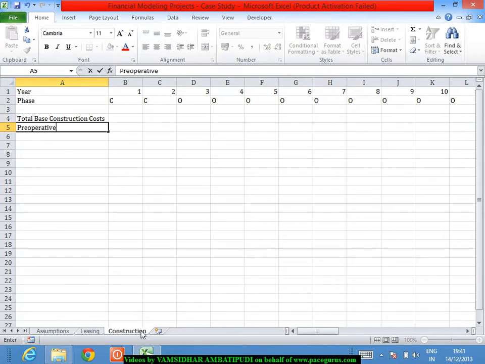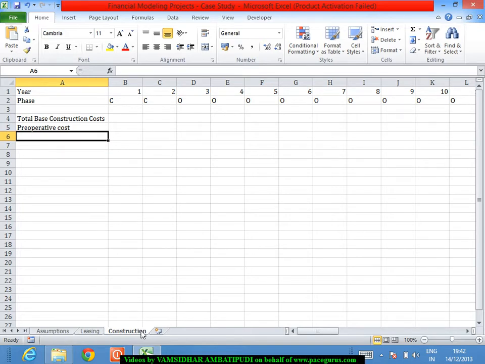pre-operative costs. It's basically like during the construction period, we incur a lot of operating expenses. Like in these first 2 years of the construction period, we might have incurred costs on employees, on office space before our operations really commence, because in this case the operations commence only from year 3.